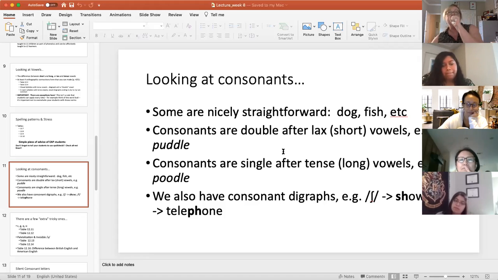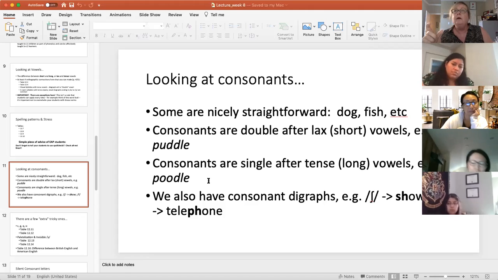So consonants are doubled after short vowels, which we looked at earlier, like puddle, and single after long vowels, like poodle. One of the things that's critical here, if you remember two weeks ago, or maybe last week, when we looked at the analysis we did of the Spanish speaker from Mexico, is that all of this relies on a clear idea of the vowel chart.